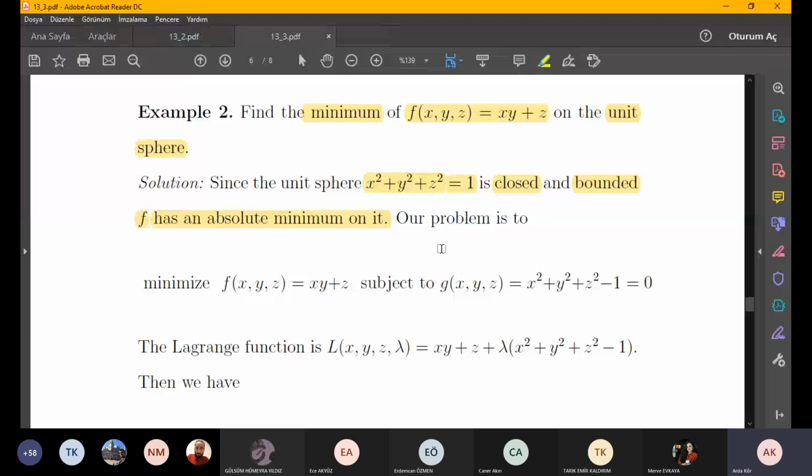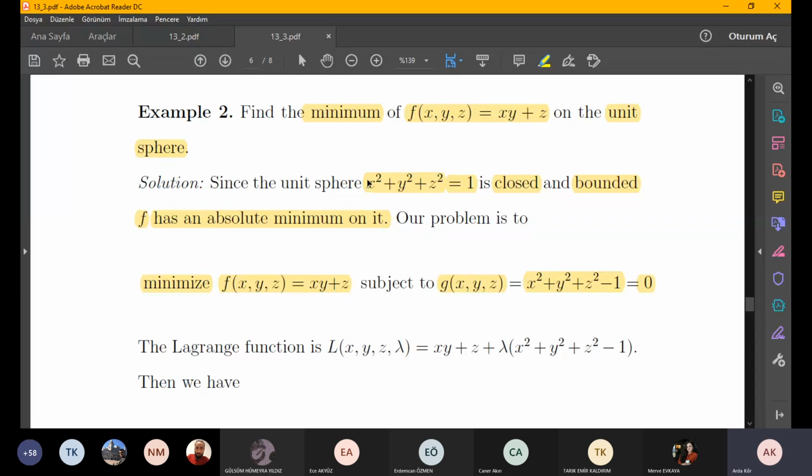So our problem is to minimize, this is the minimizing problem, xyz subject to the constraint function g(x,y,z), which is x squared plus y squared plus z squared minus 1 equals 0. So you have to write the constraint function as g equals 0.